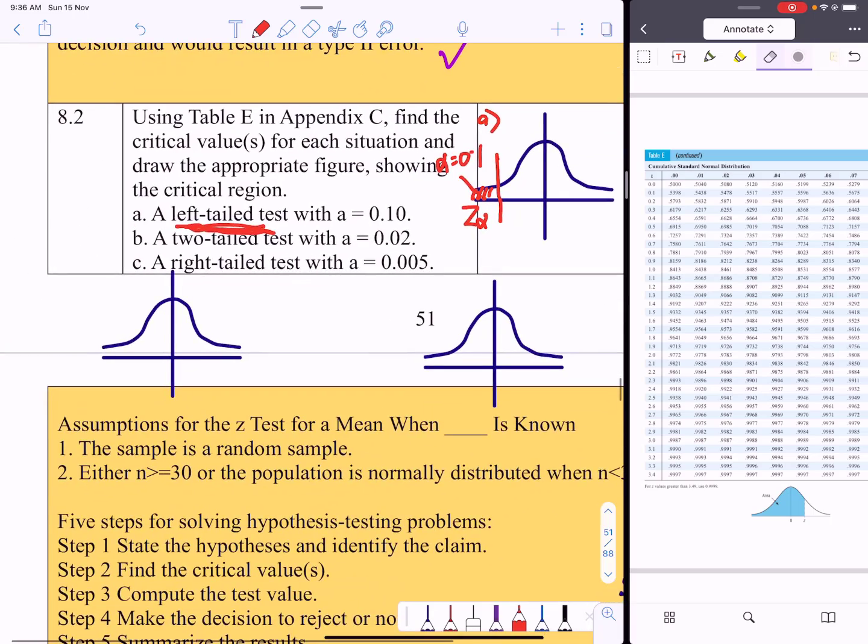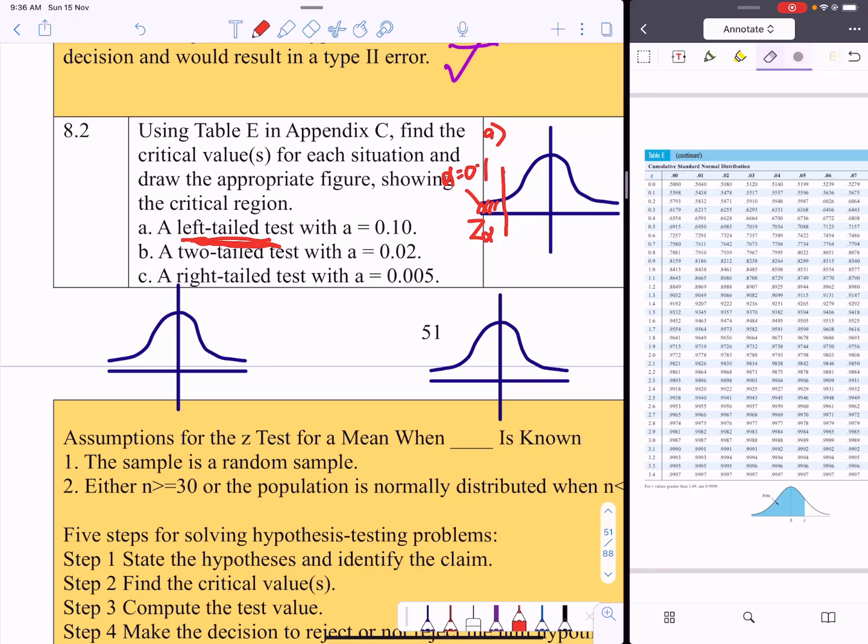And then for B, a two-tail test when alpha is 0.02. Jadi kita ada two tail here. Kita ada alpha 0.02. Jadi bila kita ada two tail, we need divide by 2, 0.01. That means the area here is 0.01 area.